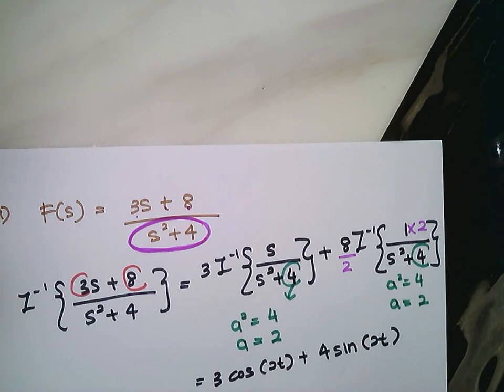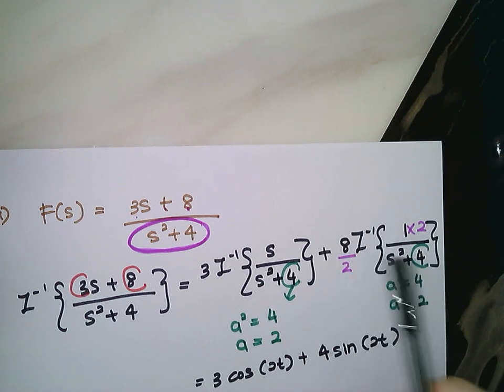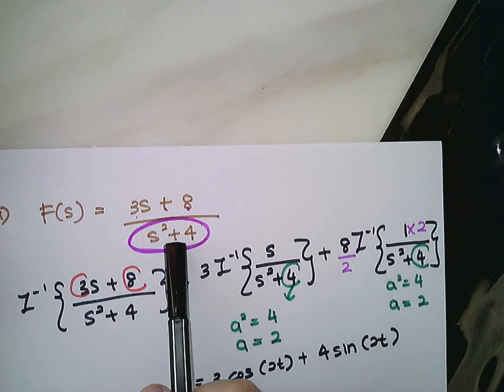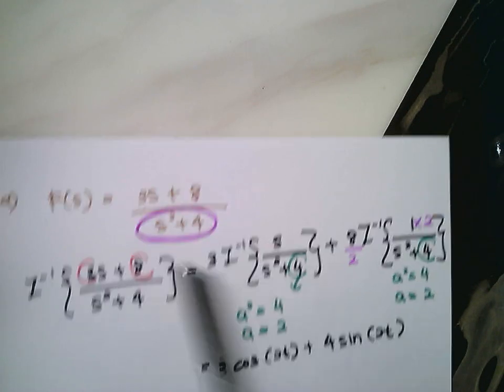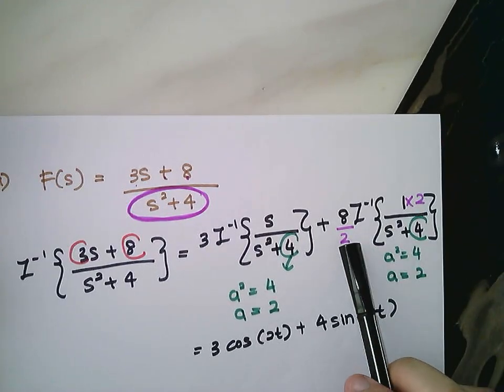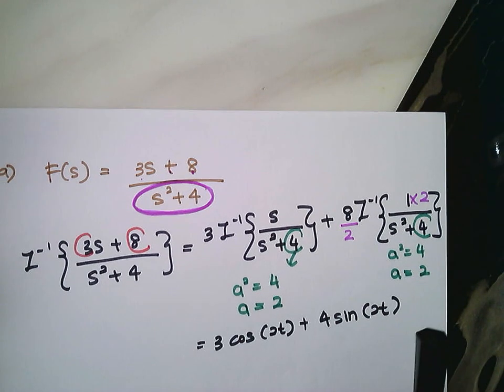I didn't change the problem at all, because if you cancel out the 2 and the 2, you will have the same function, 1 over s squared plus 4. So that's why every time you multiply by a constant, you need to divide by the same constant, so that you don't change the question or the problem.